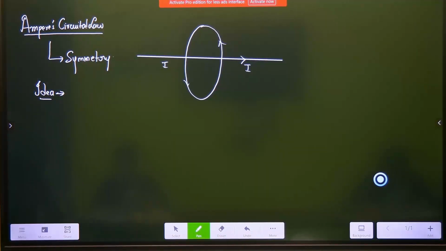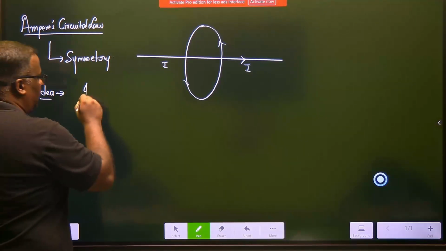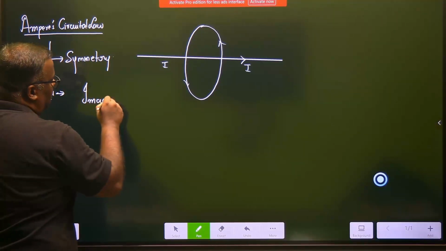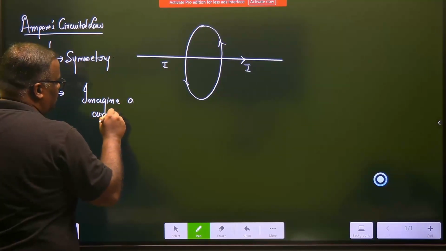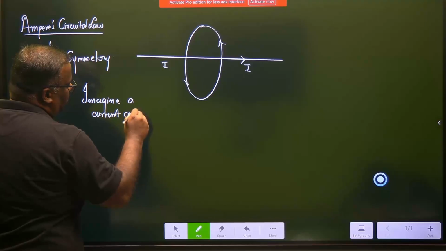So you can write, imagine a current carrying wire. So the idea, let's first see the idea. Imagine, and read these notes, this will be sufficient for you.